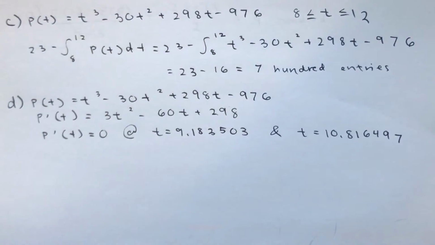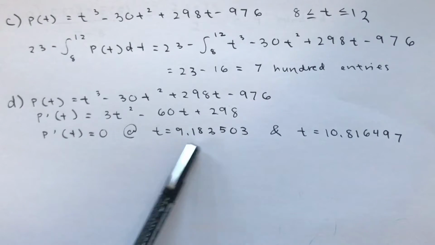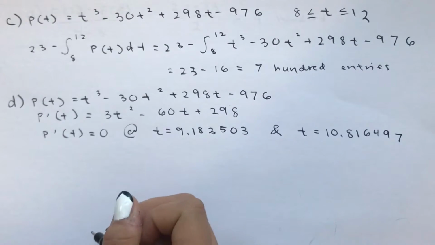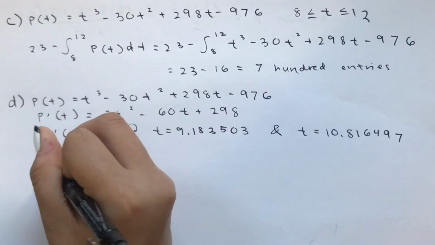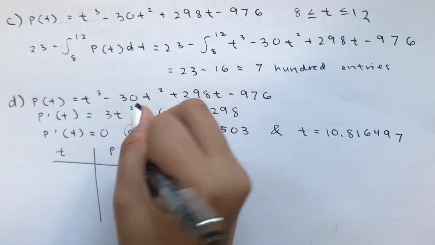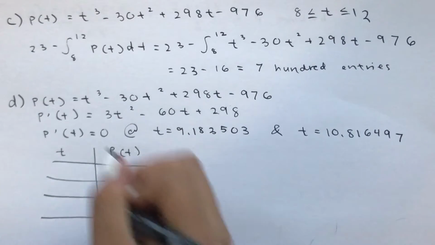So doing that was finding our critical points, and in order to find the absolute maximum, you have to plug in the endpoints and the critical points. So we need to do a table and just plug everything in.